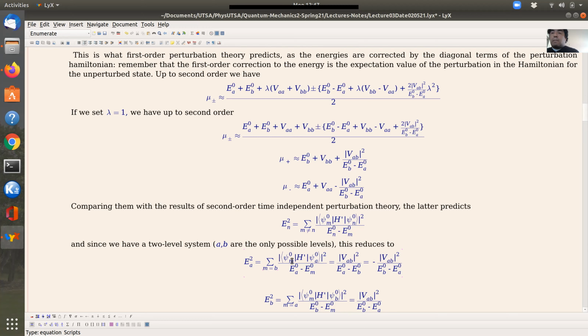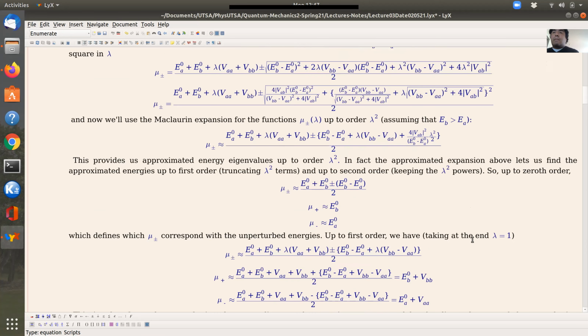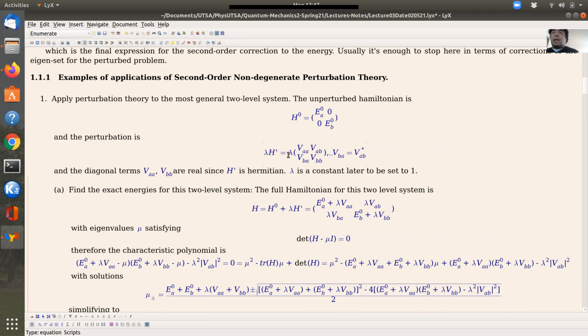So that would be basically pulling out this with B. And in the matrix representation of H prime, these are off-diagonal elements precisely, right? Because you're in the other state.